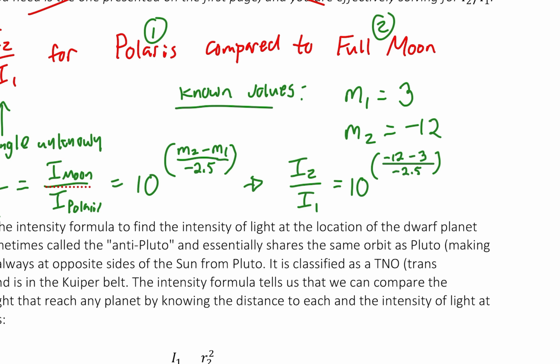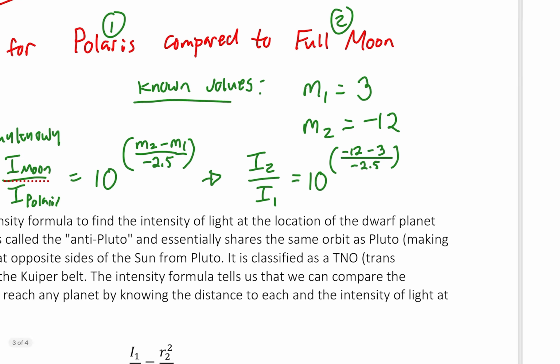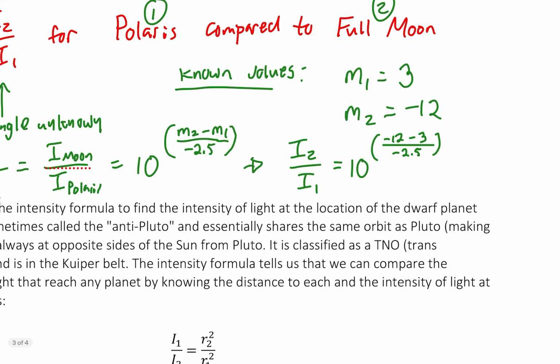Well, that's probably something like 8 or something. So it's going to be like 10. It actually ends up being exactly 6. So I'm doing my estimate not completely accurately, but it's exactly 10 to the 6, which is just a million. So in other words, Polaris is a million times brighter in terms of watts per square meter actual intensity than the full moon.